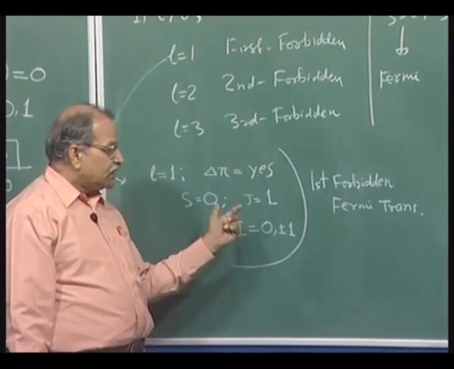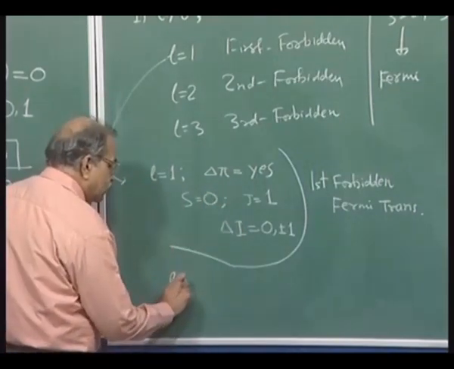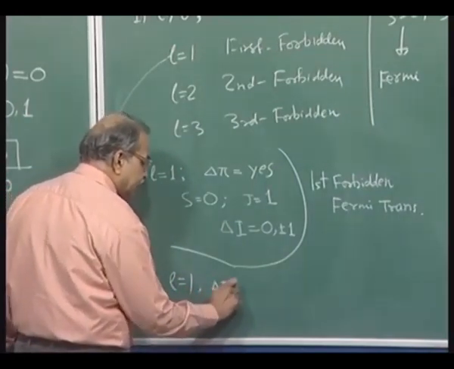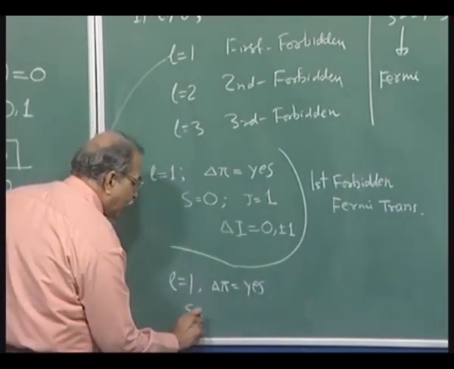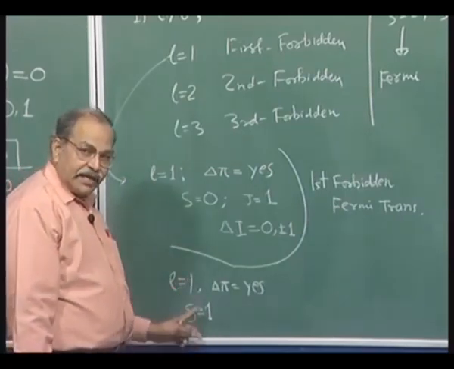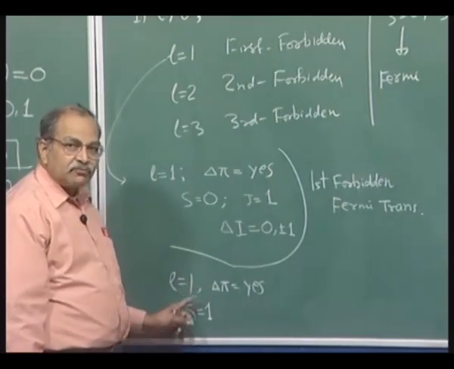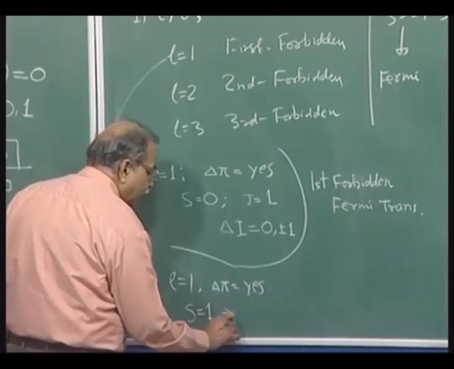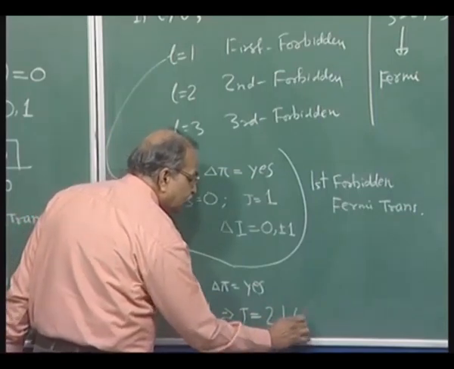And for first forbidden Gamow-Teller transition, you will have L equal to 1, first forbidden, and delta pi is of course minus 1, yes, it will change. Here S is equal to 1 for Gamow-Teller, and L equal to 1 and S equal to 1 can combine to give a total angular momentum J of these outgoing particles, which can be 2, 1 or 0.